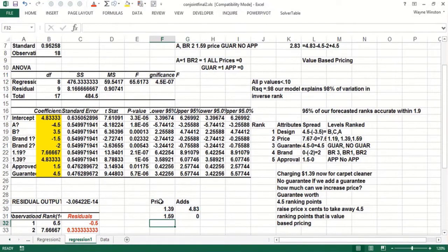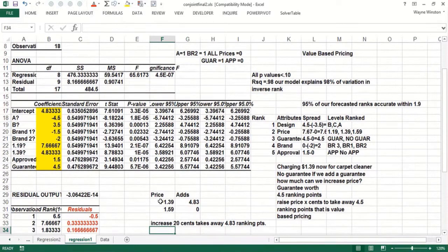Now, if you look at the slope here, increasing the price 20 cents takes away 4.83 points. So increasing 1 cent, if you divide by 20, takes away 4.83 divided by 20, which is 0.24 ranking points.